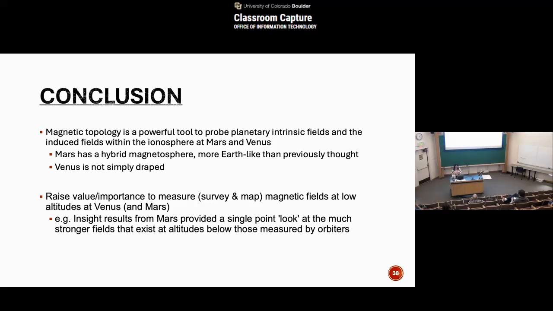Venus is mainly dominated by draped fields, but it's also not the simple picture people have been seeing or thinking about for decades. And it motivates future investigation of what the true topology is at both planets. So that's all. Thank you.